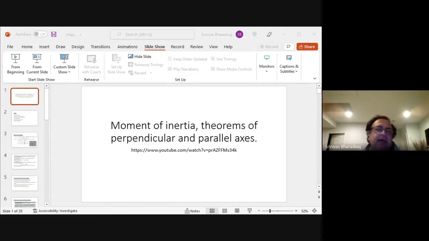Notice this is only applicable to planar objects, that is a plate or something like that, a square board, or a plate. So if you needed to find about one of these axes versus about this axis, you can correspondingly find it.